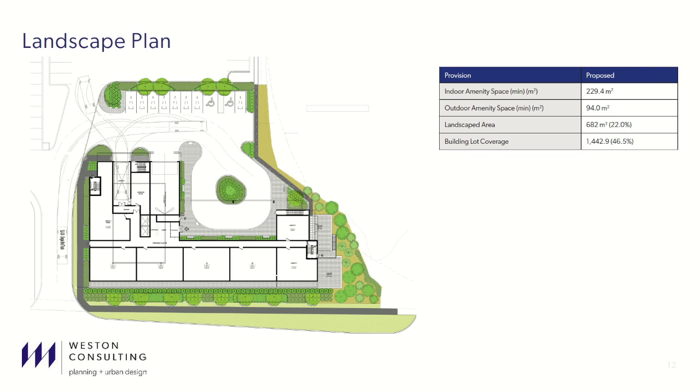So, there's not a lot of landscaping here. We were talking about it's right up against the street, and there's some landscaping there. Do you have any idea how wide that strip is? I don't have it dimensioned on my drawing, but I can tell you that the total landscaping area is about 682 square meters, so about 6,000, 7,000 square feet.